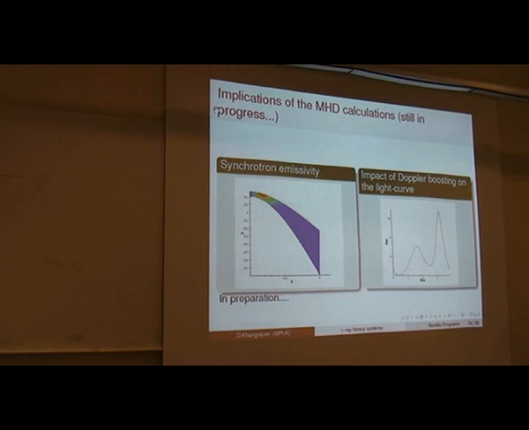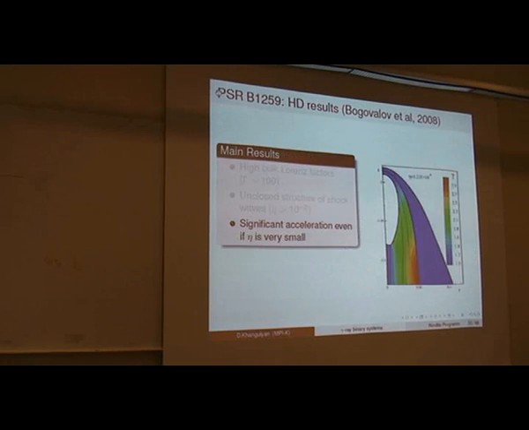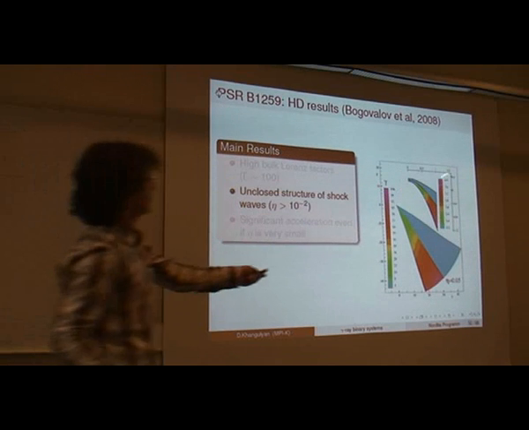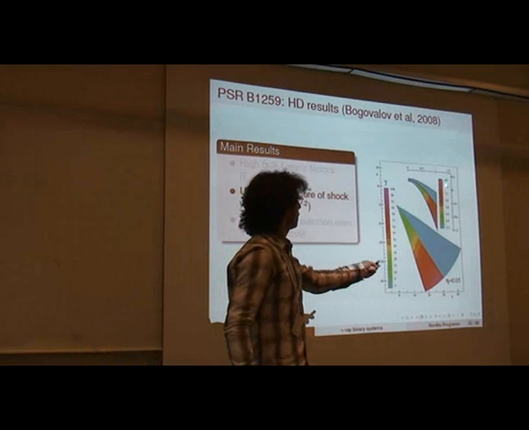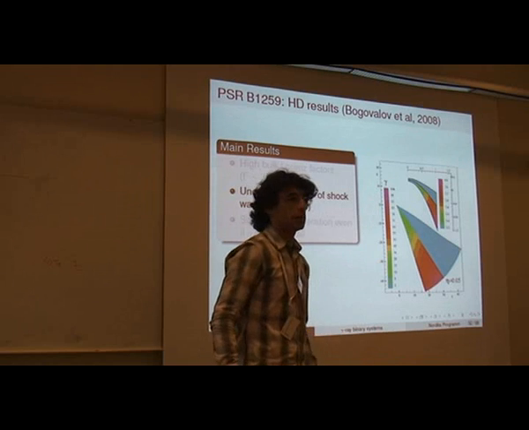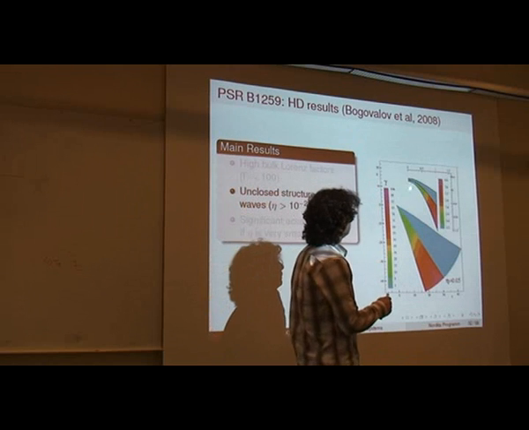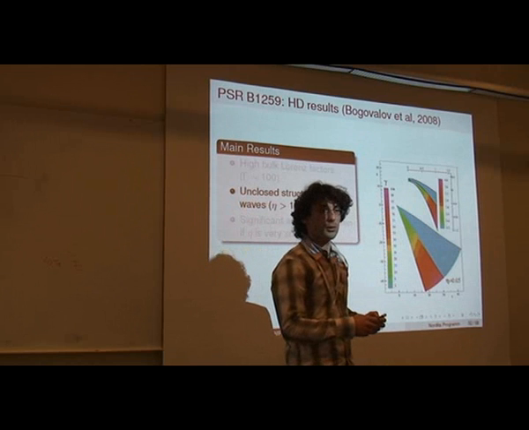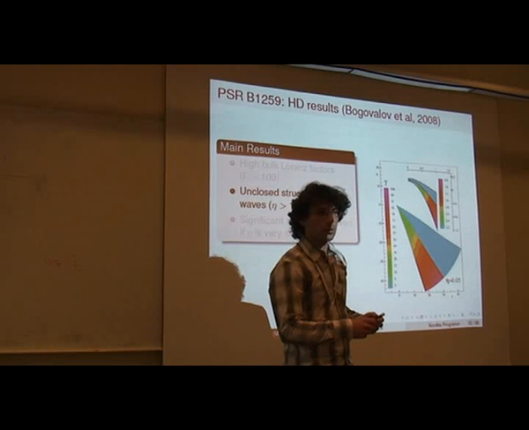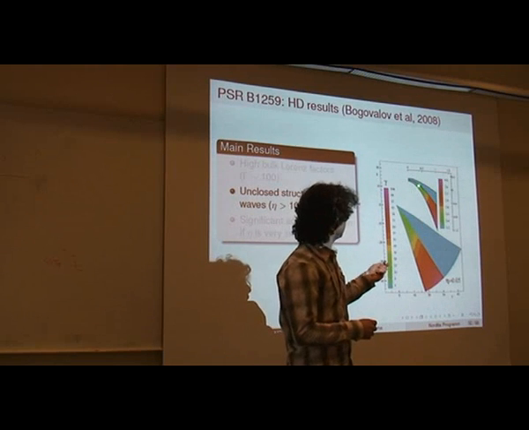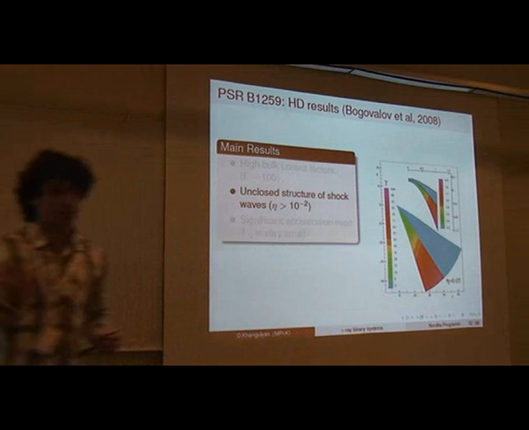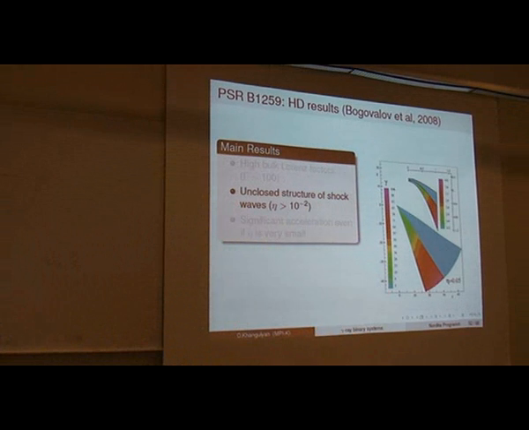So what is the velocity behind the shock? Here you may see the velocity is c, and here is the bulk Lorentz factor. You have a competition, and the Lorentz factor is about 2 here. And we may get a significant modulation because of Doppler boosting.